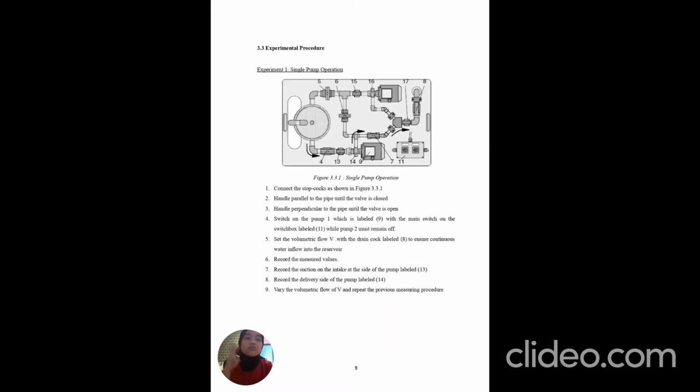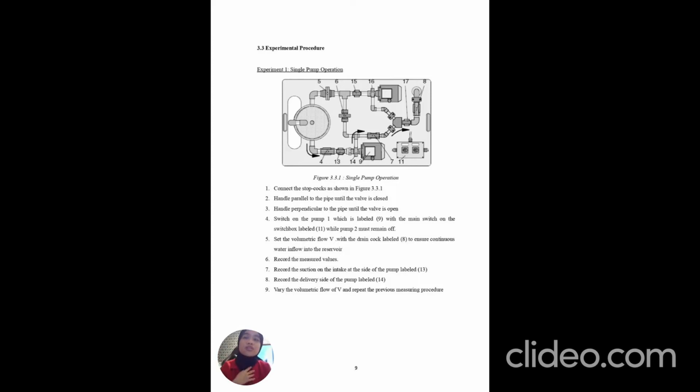We have three types of experiments: single pump, series, and parallel. For the single pump operation, first we connect the stop cock as shown in the figure, and then we handle the pipe parallel until the valve is closed, and perpendicular until the valve is open.